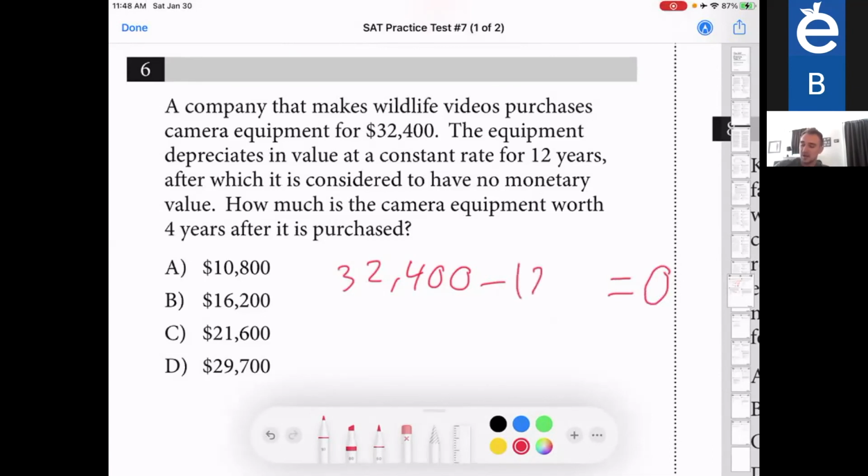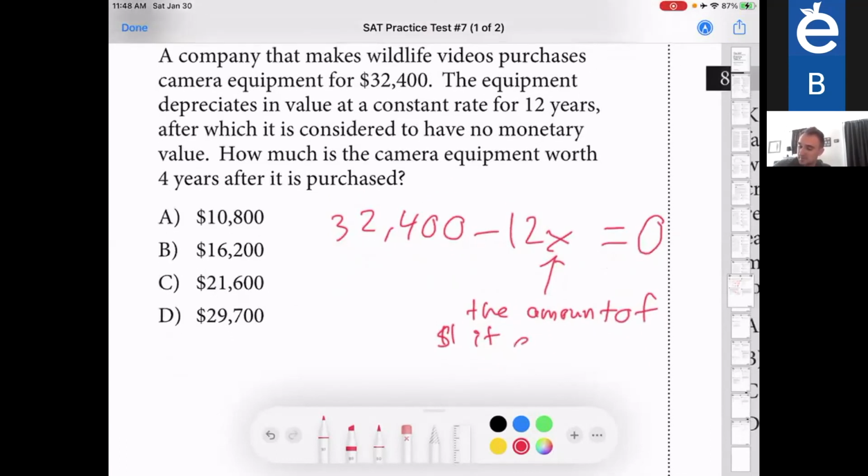So if I subtract 12 years times x, and x here is signifying the amount of money it depreciates by each year.